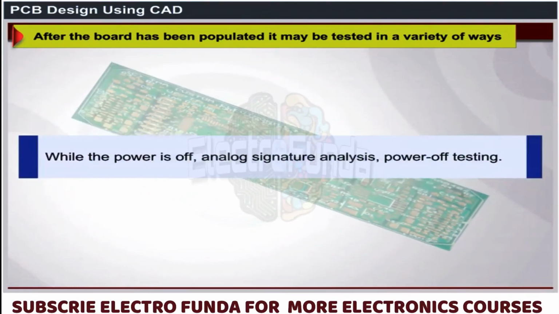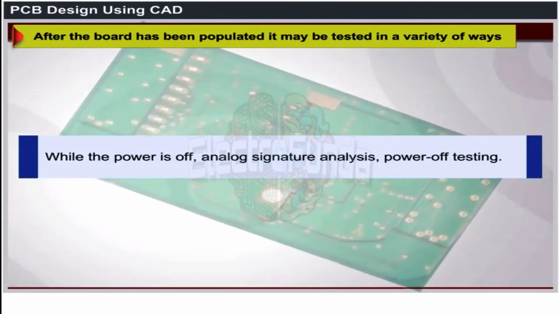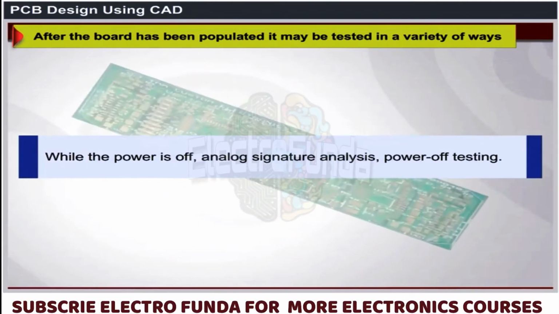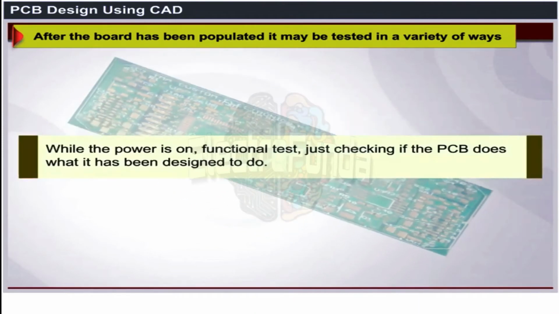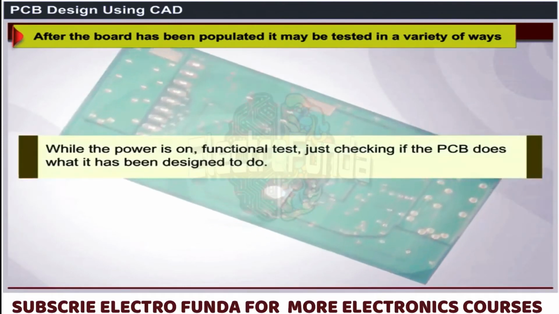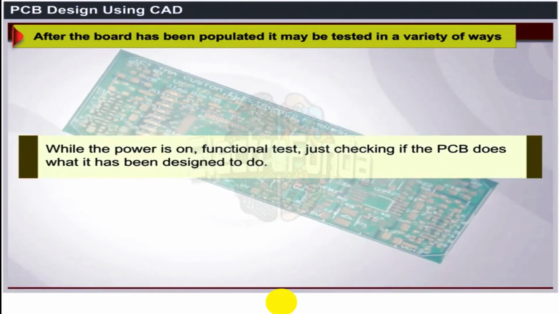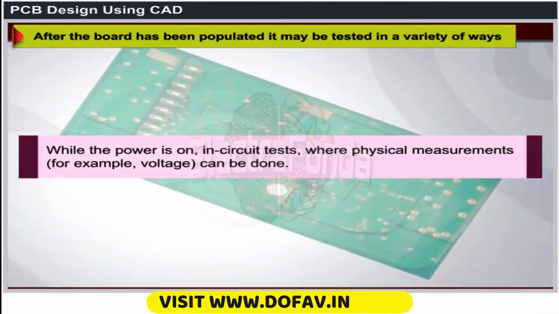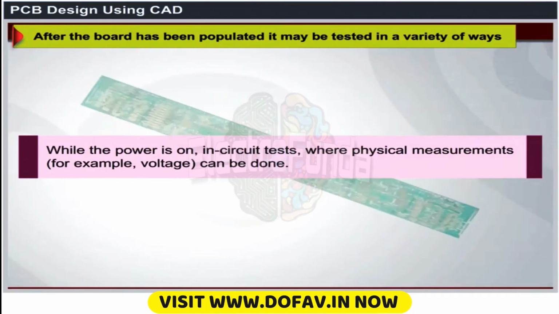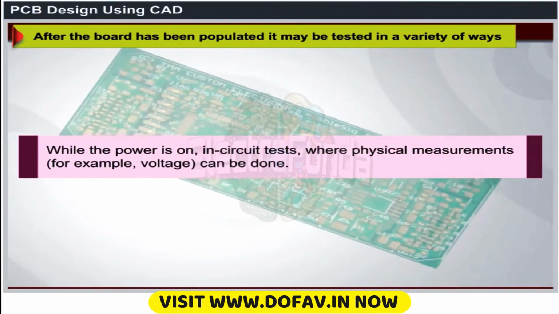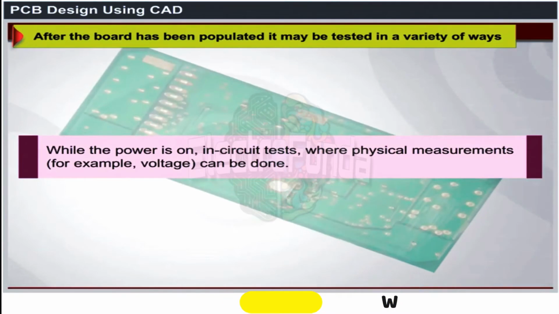While the power is off: analog signature analysis, power off testing. While the power is on: in-circuit test, where physical measurements, for example voltage, can be done. While the power is on: functional test, just checking if the PCB does what it had been designed to do.